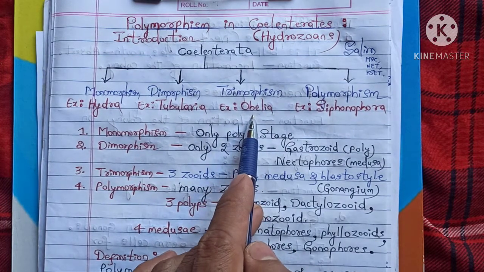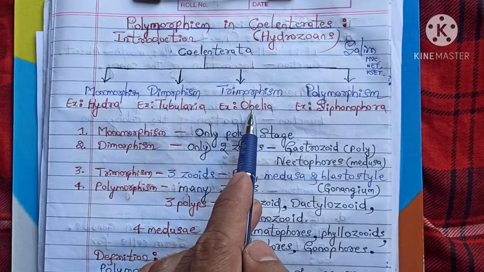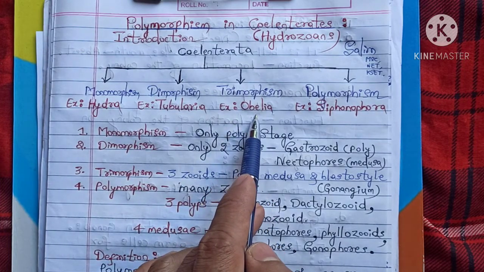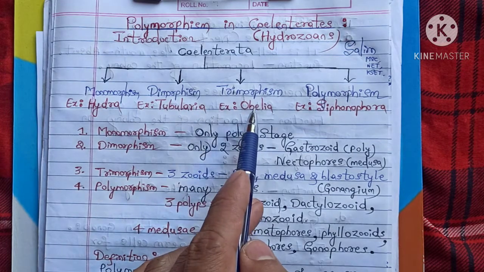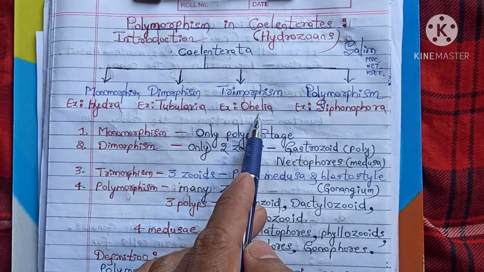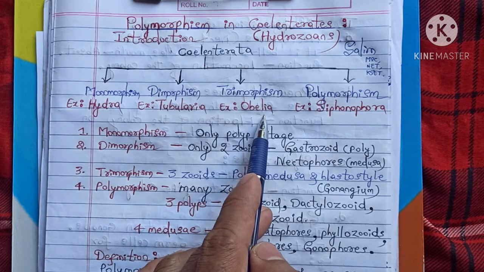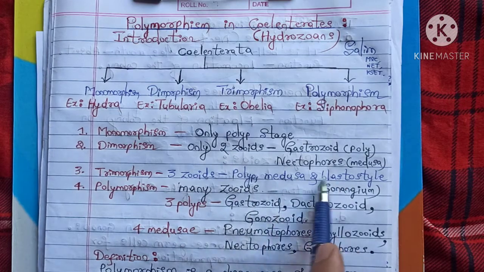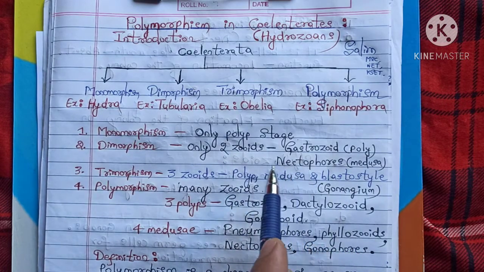In the previous lecture I have explained the structure of Obelia in detail. If you have not watched that video, just go back and see it. I explained the morphology of Obelia, and told you in detail about these three zooids with diagrams.